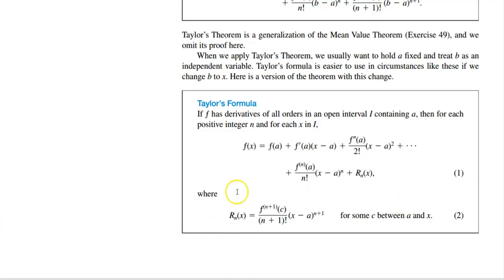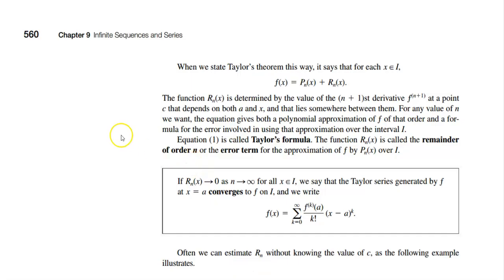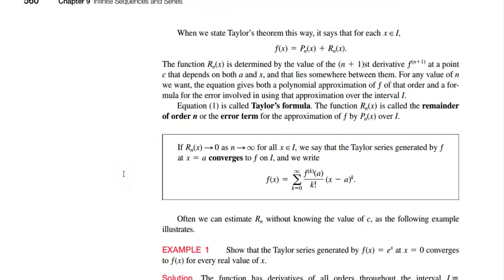A lot of the time we want to use this one. It's a bit easier to work with. We just change b to x, but that sometimes makes it easier for us to state this. When we state Taylor's theorem this way, it says that for each x in I, f(x) equals p sub n of x plus r sub n of x.